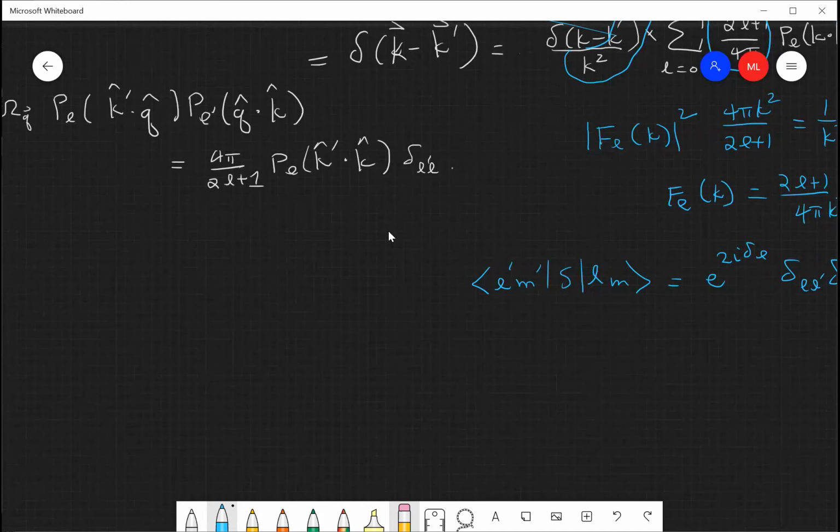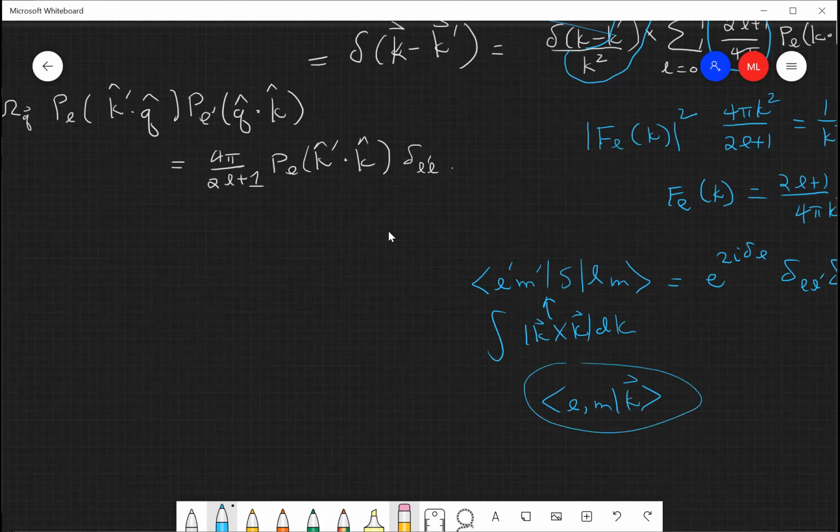So you could stick in the completeness relation in K, for instance, in here. And then you would have to know what these kinds of matrix elements are. But you can calculate that, right? Because that's easy. To do this, what would you do to calculate this?